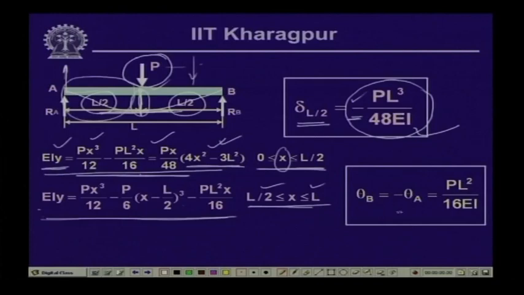If we substitute the value of a and b as L by 2 in the expression for theta a and theta b, we get the values as PL square by 16 EI, minus for theta a and plus for theta b, as we have seen earlier that this is minus theta a and this is plus theta b, and the magnitude of these will be PL square by 16 EI. So, for this particular case, delta maximum is PL cube by 48 EI and theta a equals theta b, magnitude wise PL square by 16 EI.